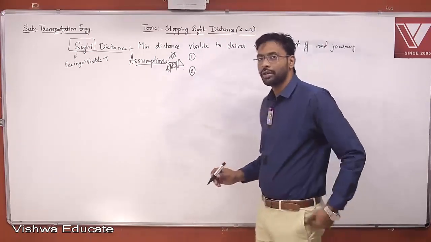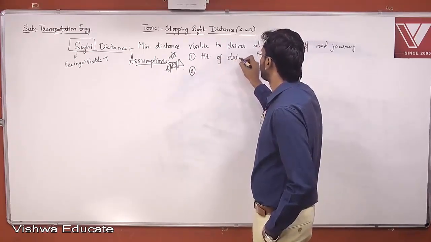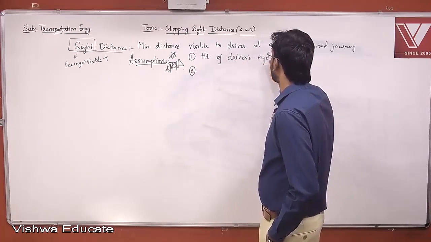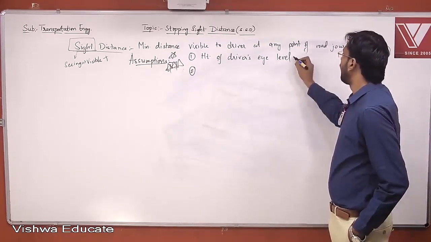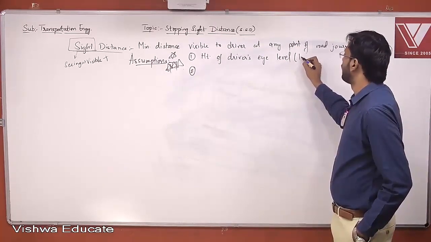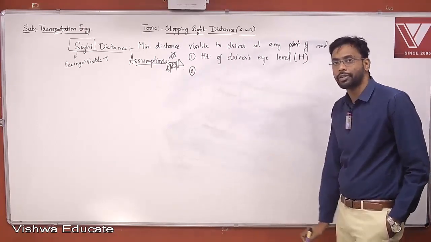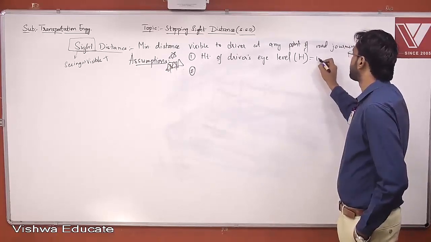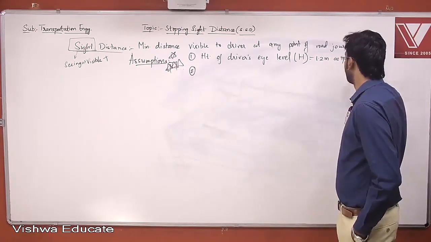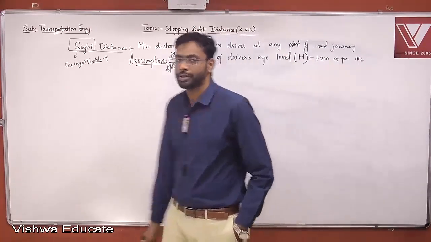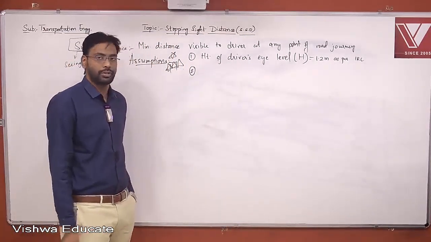The first assumption: height of driver's eye level, indicated with capital H. And this is 1.2 meters as per IRC. IRC is the Indian Roads Congress, right? So the height of driver's eye level is assumed as 1.2 meters.